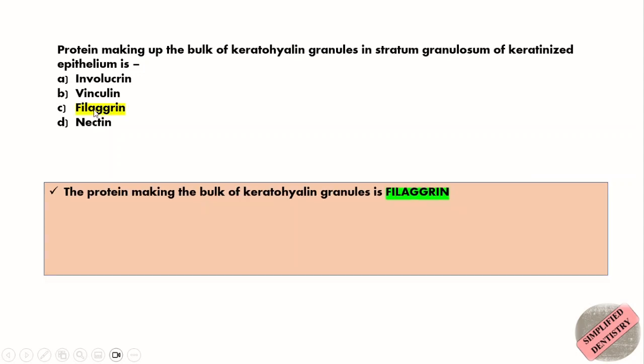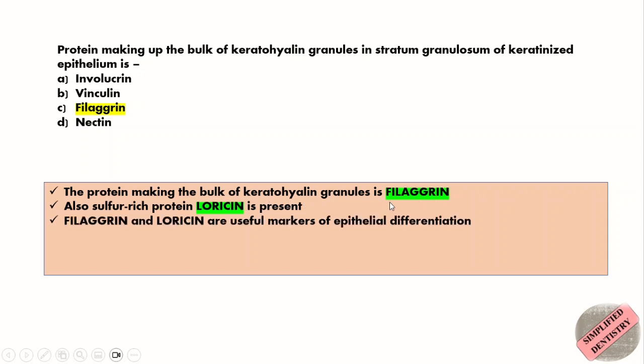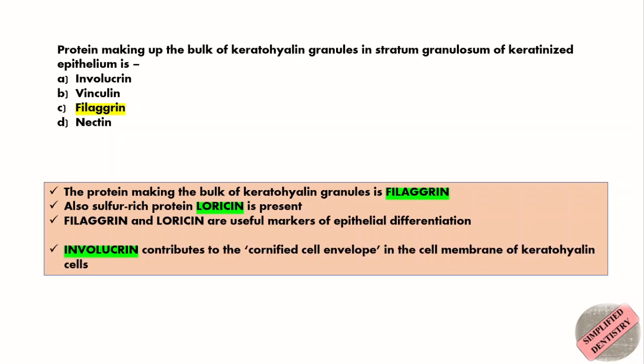So the protein making up the bulk of keratohyaline granules in stratum granulosum of keratinized epithelium is filaggrin. Sulfur-rich protein lauricin is also present. So filaggrin and lauricin are useful markers of epithelial differentiation. You can also keep in mind that involucrin contributes to the cornified cell envelope in the cell membrane of keratohyaline cells.